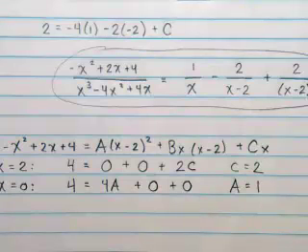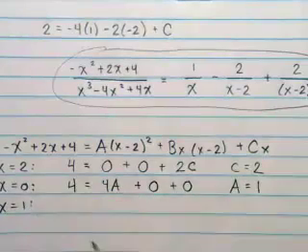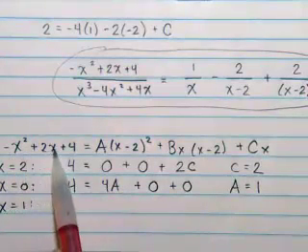Okay, so I've already got C and I've already got A. Now I just need to figure out a way to get B. Okay, well, plug in the C equals 2 and the A equals 1, and then whatever number you want for x, and you should be able to then solve for B, right? So maybe we plug in, it can't be 0 or 2, because those will get rid of stuff. Maybe a 1? Sure. So if x equals 1, we've got negative 1 squared plus 2 times 1 plus 4.